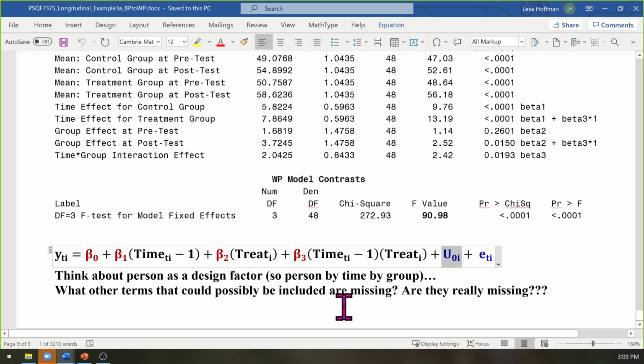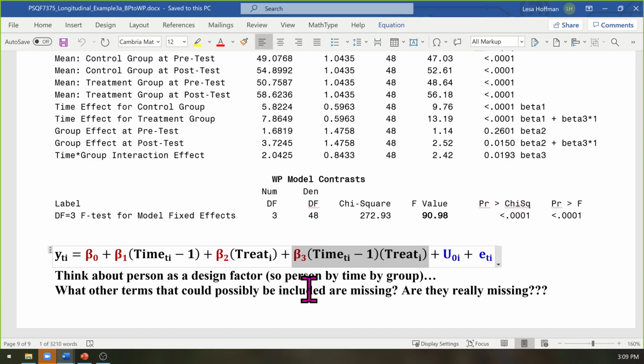Likewise, if we go through the two-way interactions, here's one of them, time by treatment. Given this design, can I have person by group? If each person is in only one group, can I have person by group? Yeah, not if each person is in only one group.